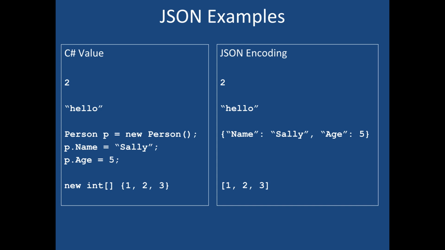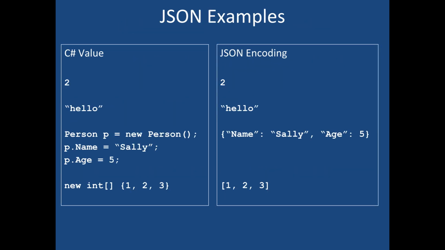The property age, colon, and the value, which is an int. So that's the encoding, and there's a C# array and a JSON array. That is just the string form that gets sent across.